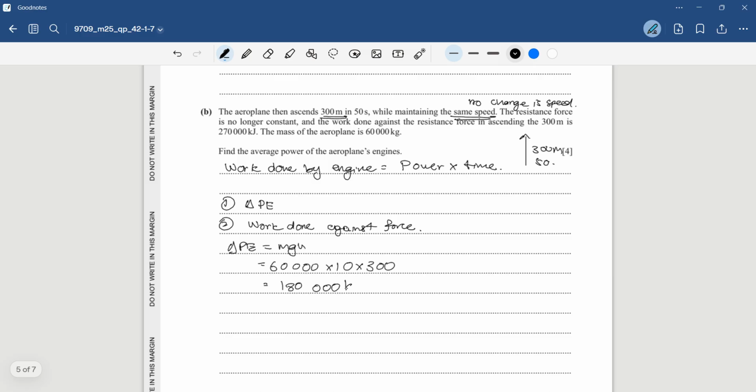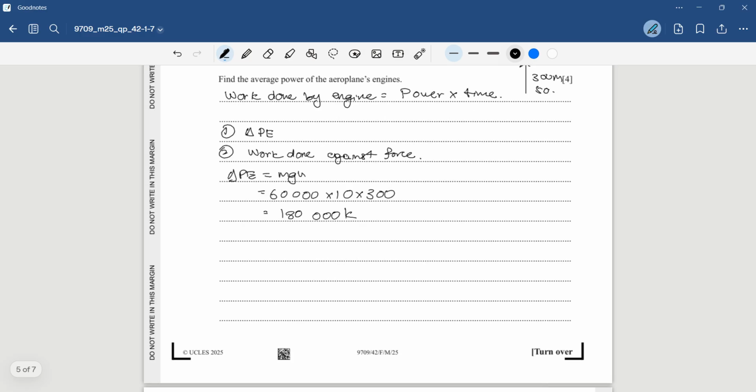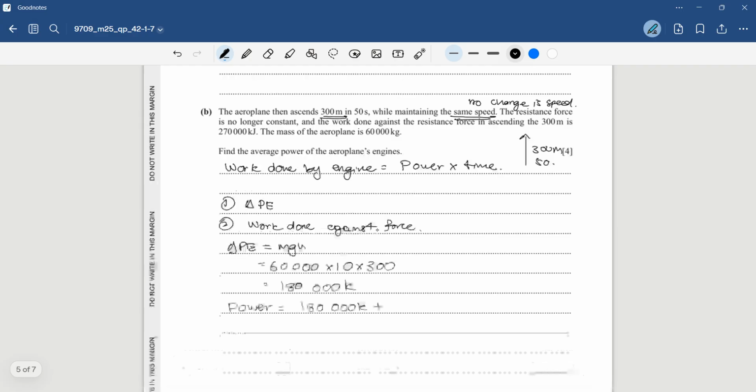So you'll get 180,000 kilo. Therefore, power will be total work done, 180,000 kilo plus 270,000 kilo, over time, which is 50 seconds.